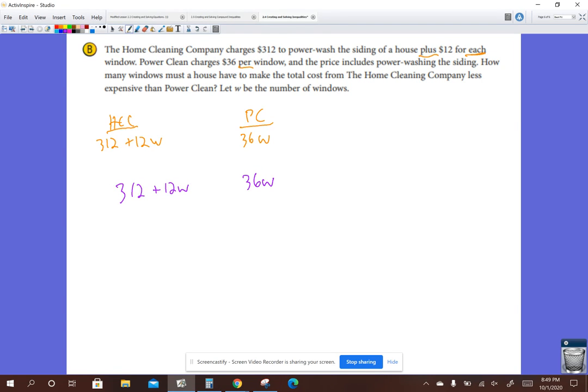And it's telling us how many windows must a house have to make the total cost from home cleaning company, the one on the left, less expensive than Power Clean. So again, I want this to be less than the other company. I want home cleaning company to be less than the Power Clean. All we have to do now is solve. We're going to combine like terms or collect variables.